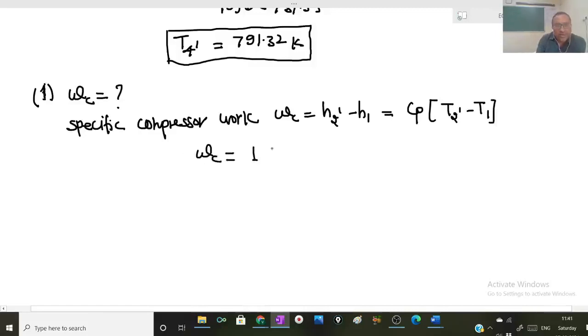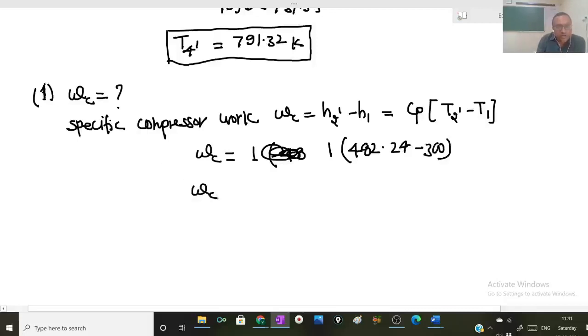Cp is 1 kilojoule per kg K. T2 dash is, please refer to the value, 482. Let me write it very clearly: 1.005 into 482.24 minus 300.